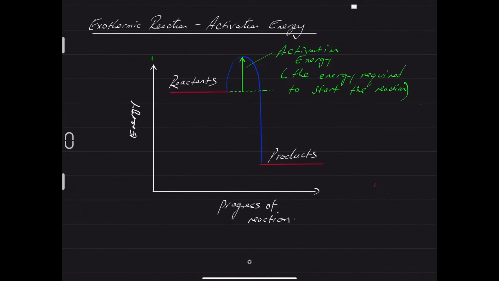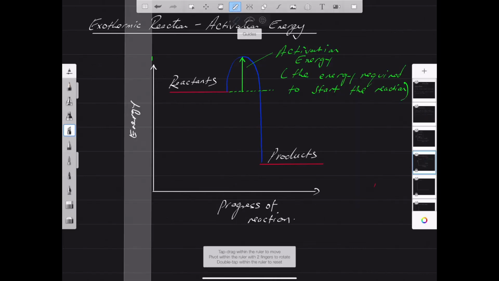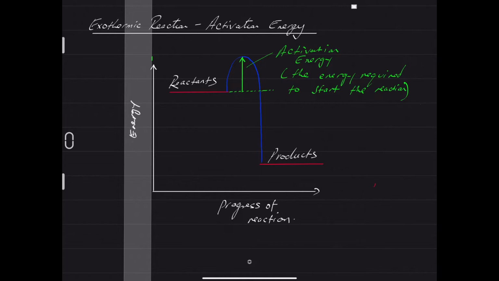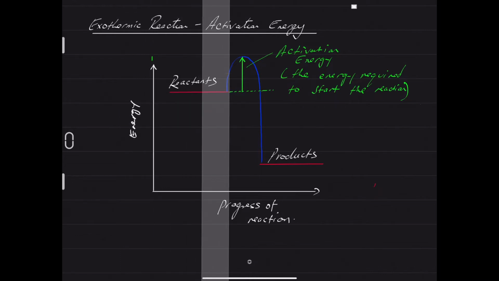Notice from the previous slide just a moment ago, we were looking at the energy released, and that is represented at a different point. Remember that the energy released from the reaction is represented here.